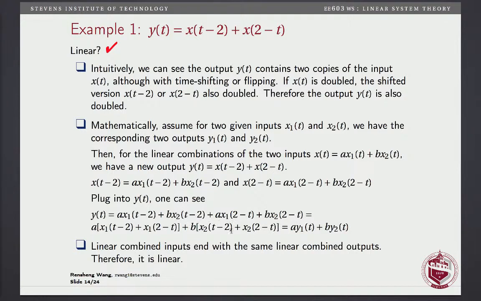You see, y(t) basically equals a times y1 plus b times y2. The meaning is that the input is a linear combination a x1 plus b x2, and the output also equals a y1 plus b y2. So the linearly combined inputs end with the same linearly combined outputs. So this is linear.